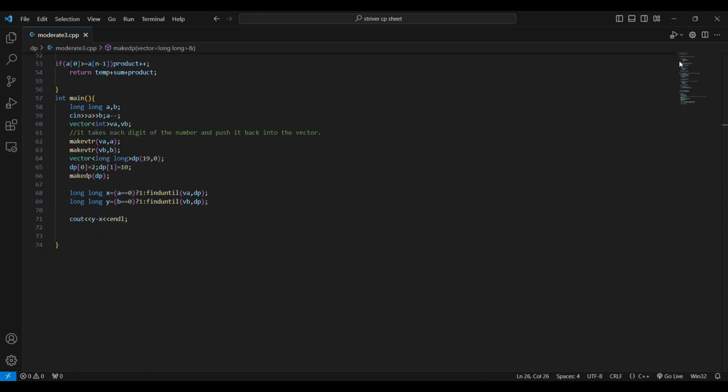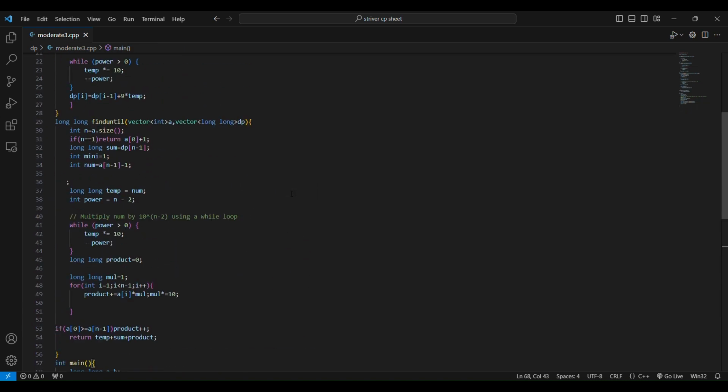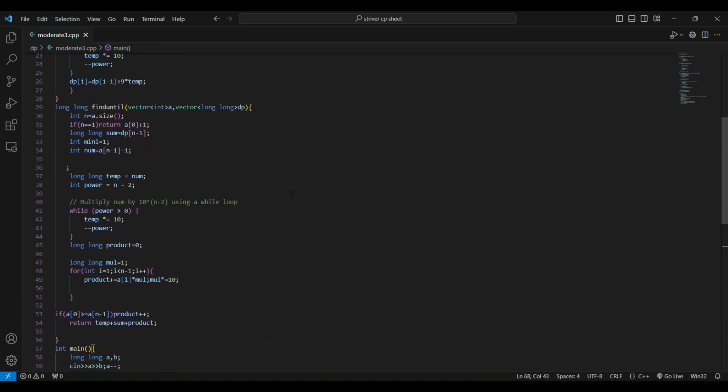Now that we have finished all our pre-processing steps, taking input and making the dp vector, let's see the main function find until. What find until does is, in the pre-processing step, we have stored each digit of a number in the vector. So by finding the size of the vector, you will come to know the number of digits present in the number.